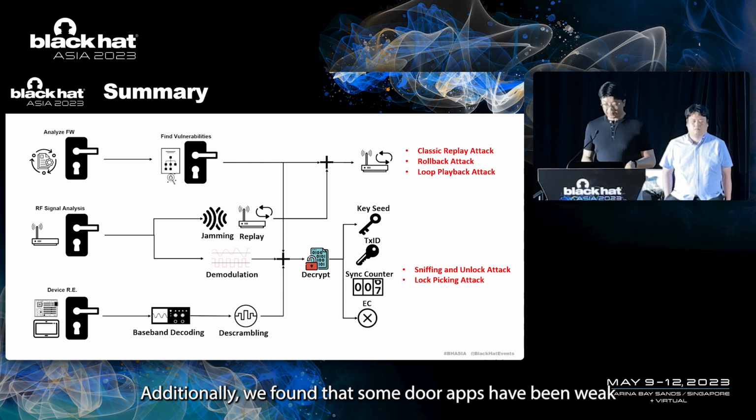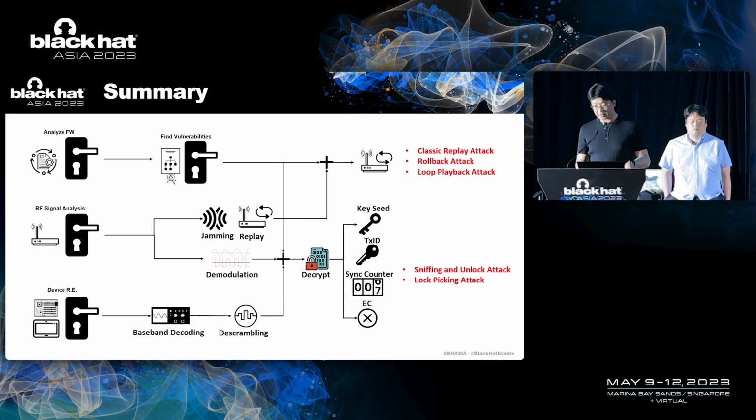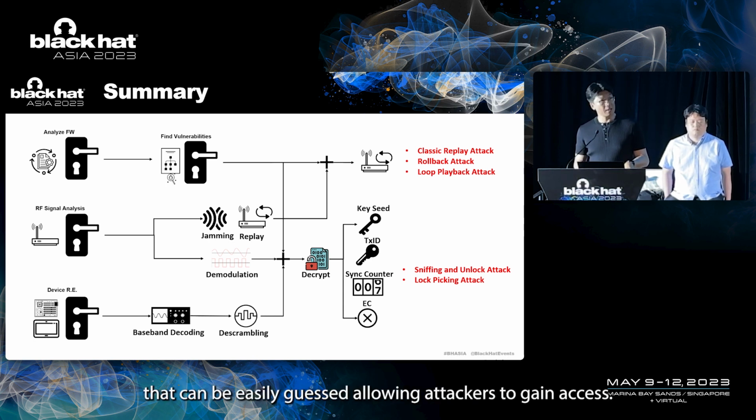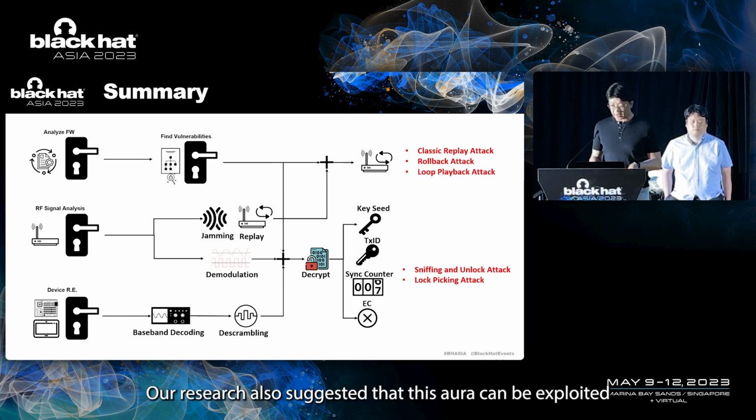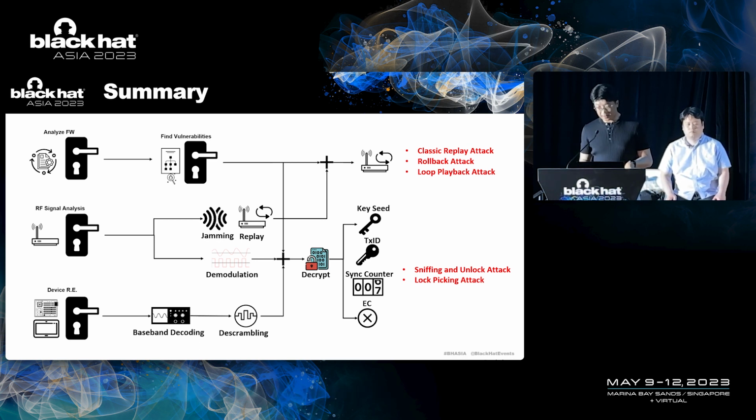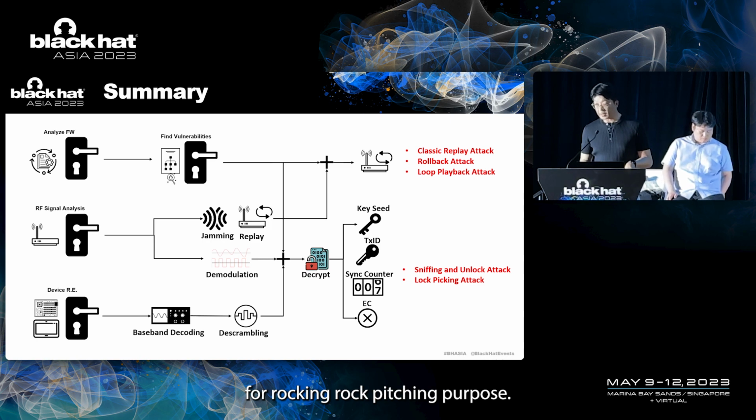Additionally, we found that some door locks use weak encryption algorithms that can be easily guessed, allowing attackers to gain access. Our research also suggested that these door locks can be exploited for lock picking purposes.